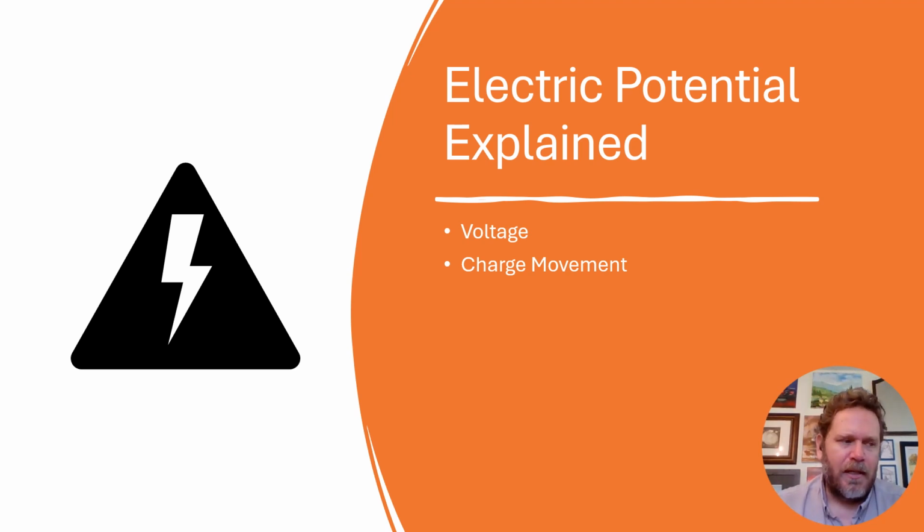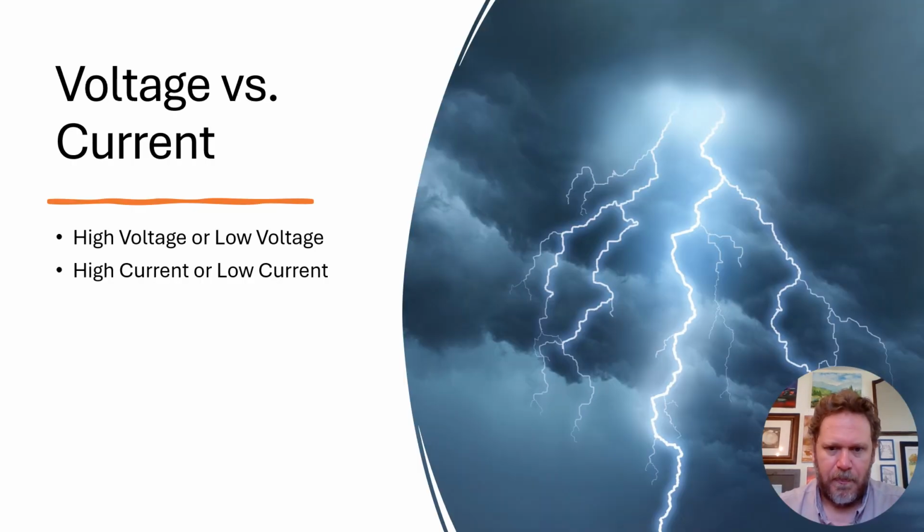Voltage doesn't tell us how much electricity or charge or current is actually being moved. It only tells us how much could be moved if it was available. And that's a very important idea behind voltage. Voltage is more like who can lift more weight rather than who is lifting more weight.